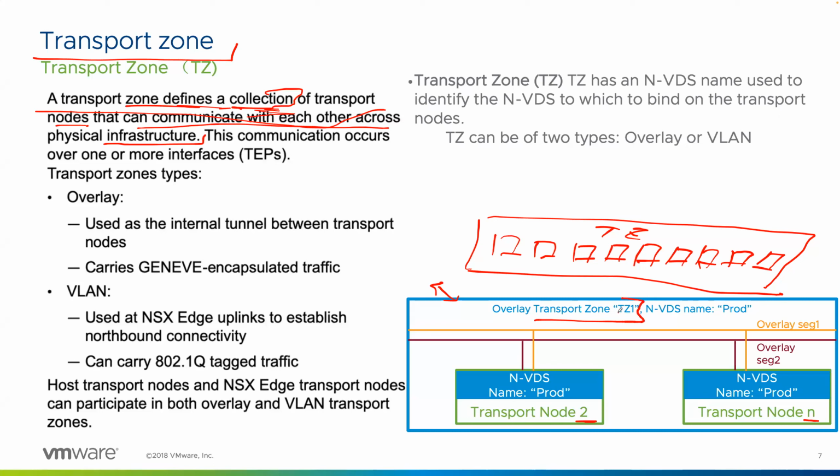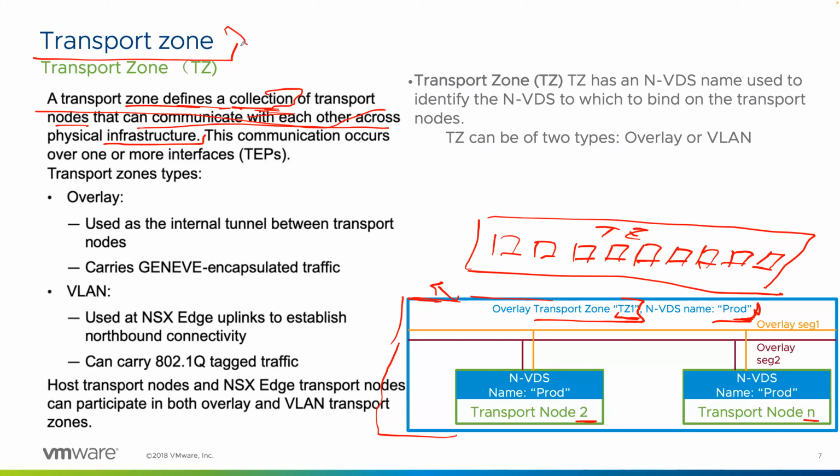In this case, the TZ name is TZ1, and it also has the same NVDS name, which is production. So this is an area or territory for the whole set of physical servers who want to talk to each other.